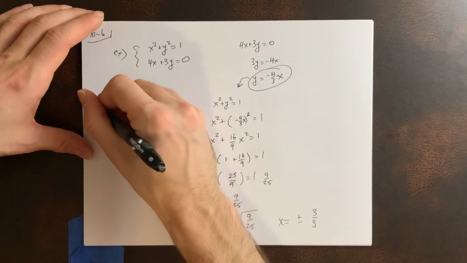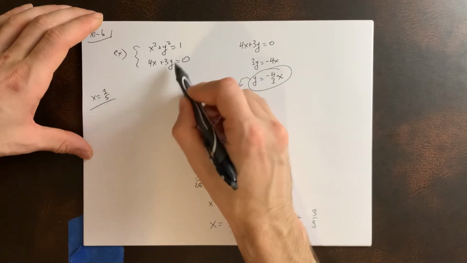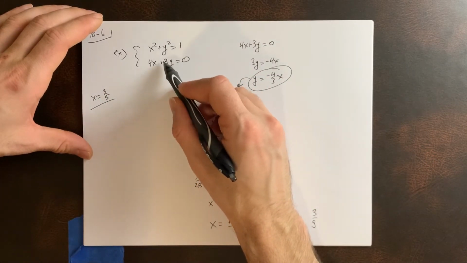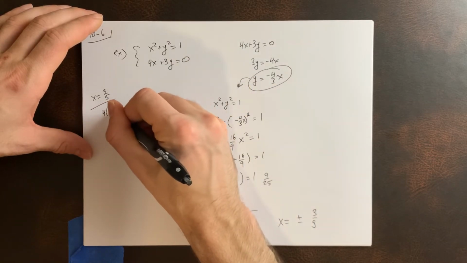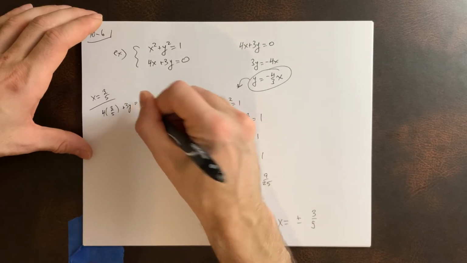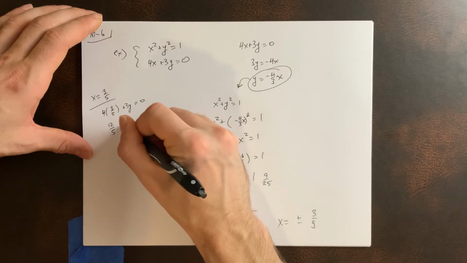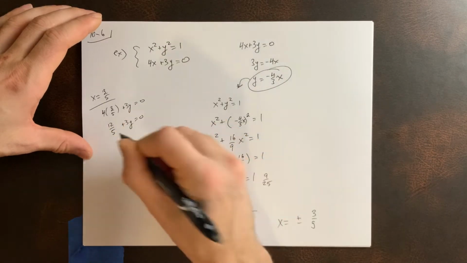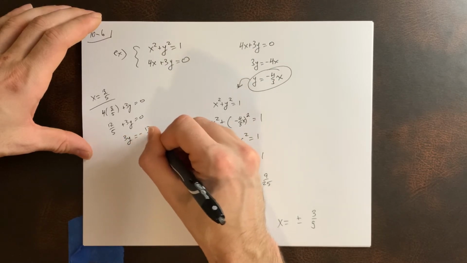Let's start with x equals 3 over 5, and choose the easy equation to plug it into. We get 4 times 3 over 5 plus 3y is equal to 0. We want to solve for y here. This is 12 over 5 plus 3y equal to 0. Subtract the thing over, we get 3y is equal to minus 12 over 5.